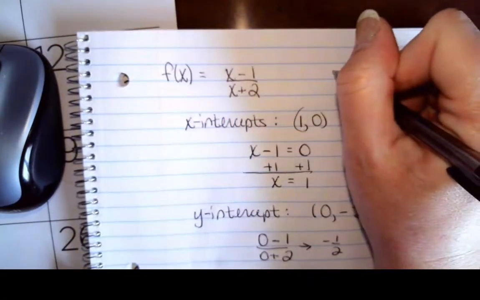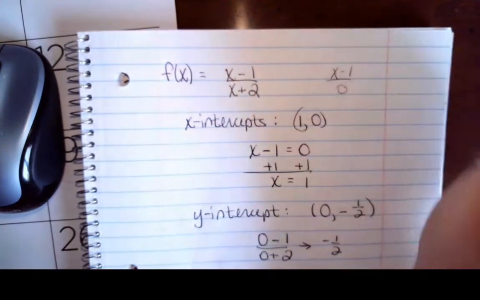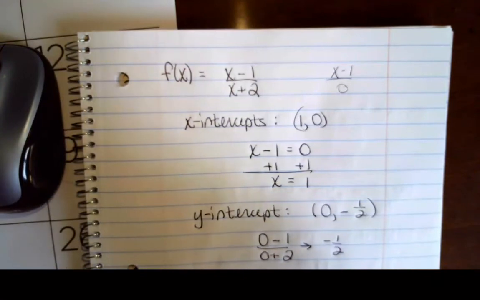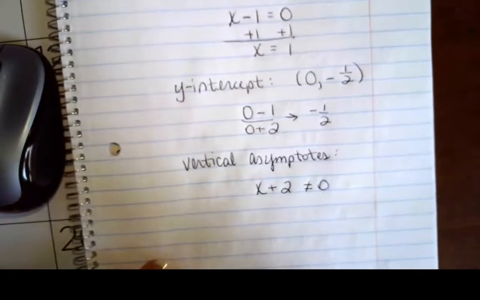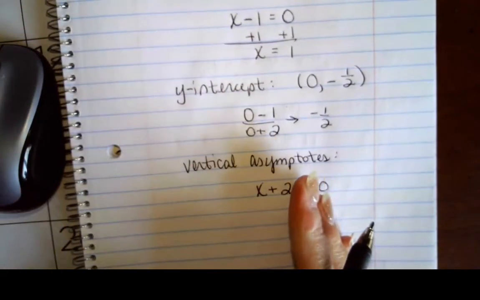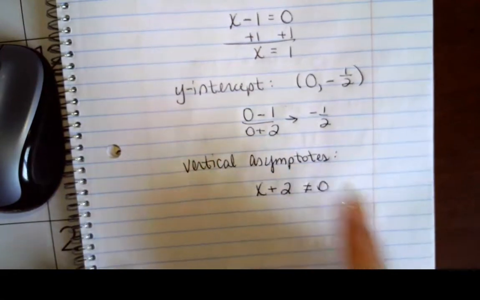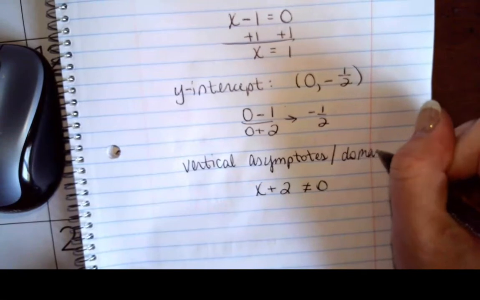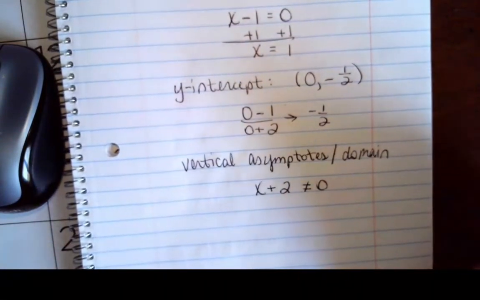Because if I've got x minus 1 over 0, I'll be dividing by 0, which is undefined. So I'm going to find the vertical asymptote and the domain at the same time because it's the same process. It's just that we make one little tweak at the end.